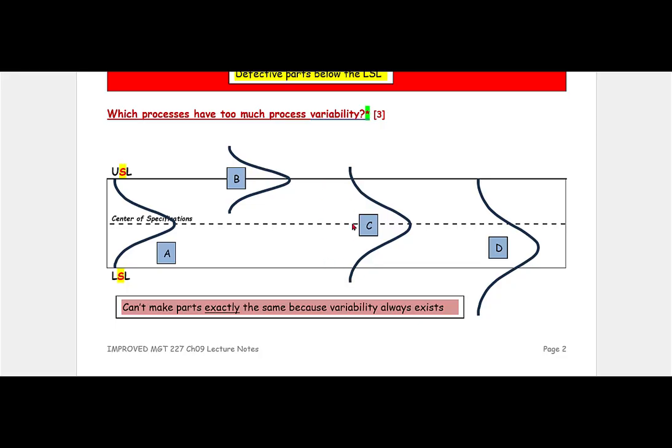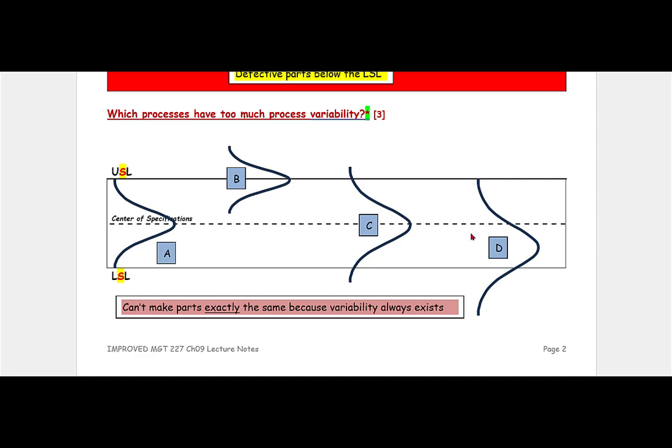This distance is wider than this distance, so there is too much process variability. Same thing with this one. This distance to this distance as compared to this distance is too wide. Of course, it also has an average problem as well. Even if it was centered, the tails would still exceed this distance.